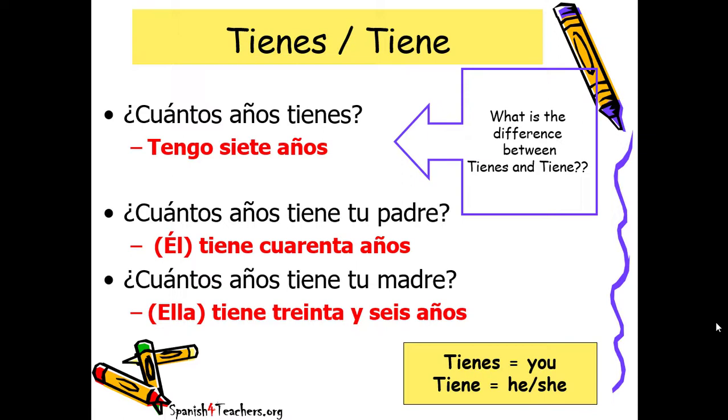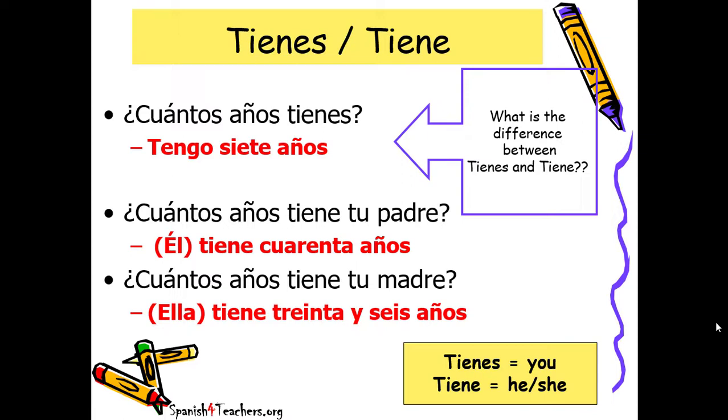Yo tengo, I have. Tú tienes, you, familiar, have. And él or ella, he or she, has, tiene. Yo tengo, I have. You, familiar, tú tienes, you have. And él or ella, he and she, tiene, he or she has.